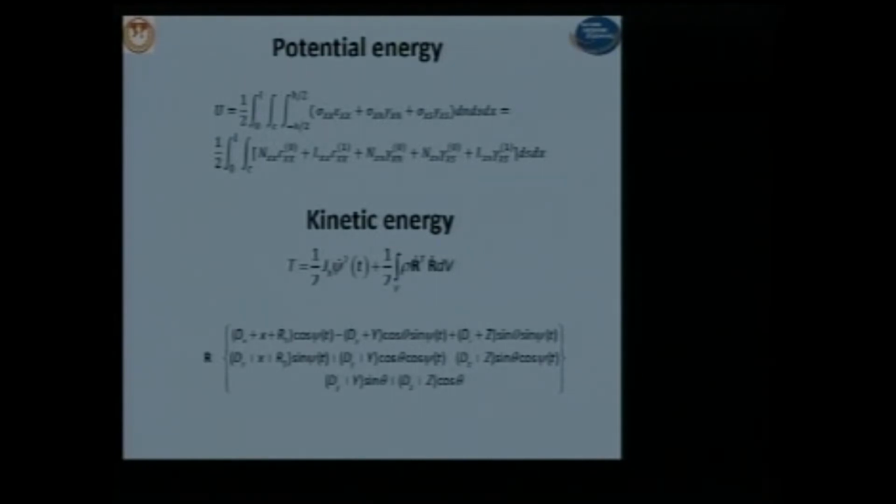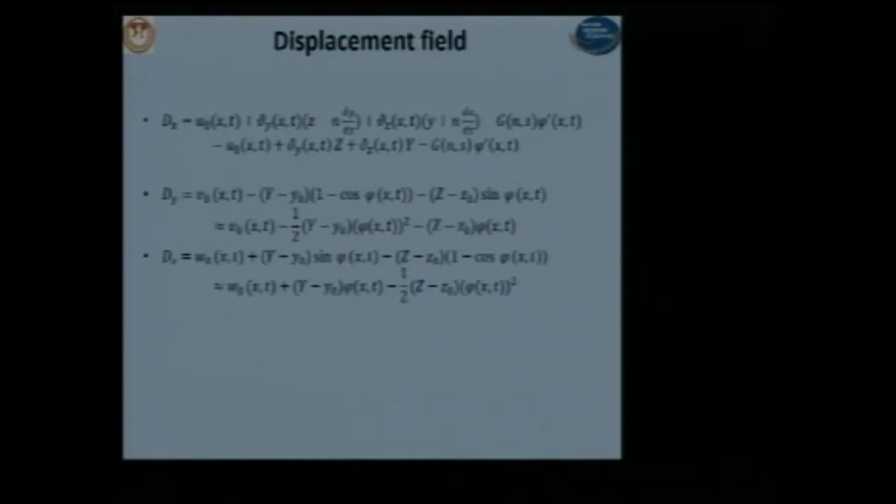In kinetic energy, the radius vector in absolute coordinates should be transformed from local coordinates. I'm not going into detail, but there is the preset angle, theta, and the angular rotation angle, psi, not necessarily constant. Then we can find deflections for an arbitrary point in 3 directions.